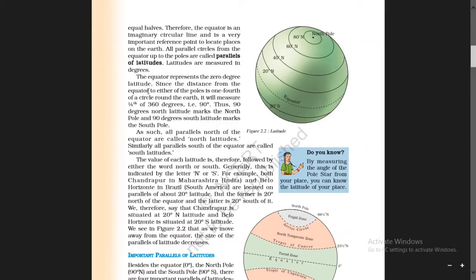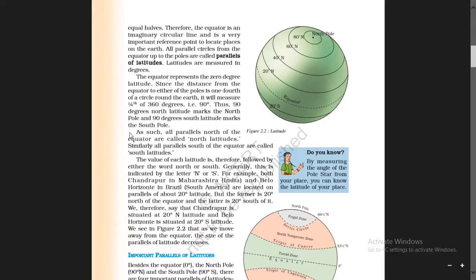Since the distance from the equator to either of the poles is 1/4 of a circle round the earth, it will measure 1/4 of 360 degrees, that is 90 degrees. Thus, 90 degrees north latitude marks the North Pole and 90 degrees south latitude marks the South Pole.